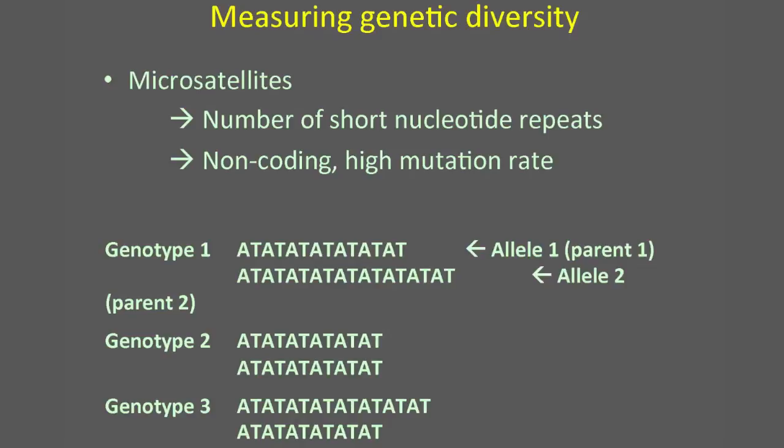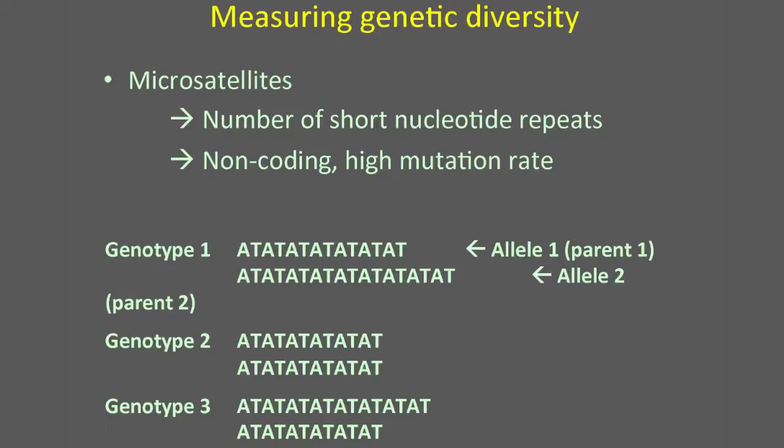Now I quickly want to take a look at another genetic marker which is very widely used also in conservation research questions, and it's microsatellites. And the interesting thing about microsatellites is that they're very, very diverse. They're diverse to an extent that you can even identify individuals.